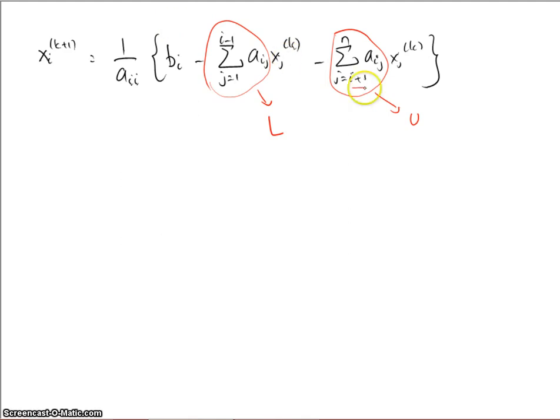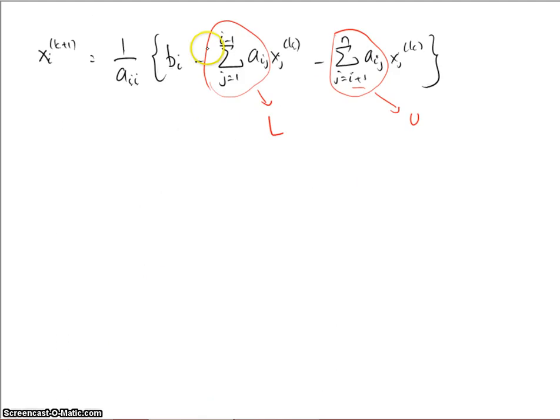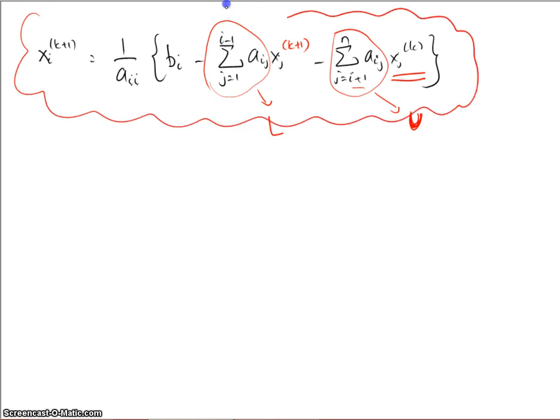If you go back to the Gauss Seidel method, because all the new values are always multiplied to the lower triangular matrix, when we generalize our Gauss Seidel method, we can easily call this xj at k plus 1. And on the last term here, which is your upper triangular matrix, you are going to multiply this to only xj at k. So this right here is the expression for the Gauss Seidel method.